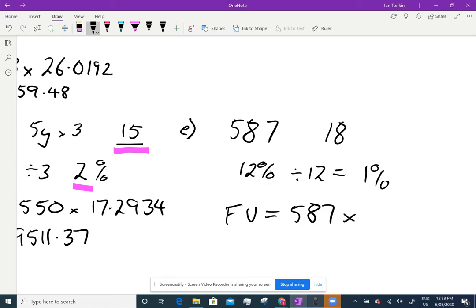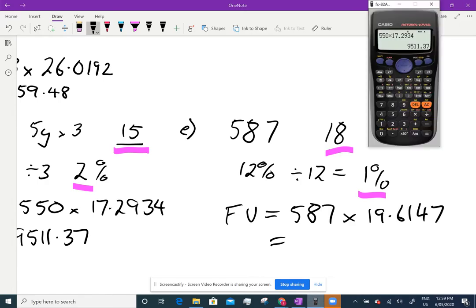I'm going to go and find 1%, 18 periods. And that's 19.6147. So 19.6147. And again, it's just calculator work. 587 times 19.6147.